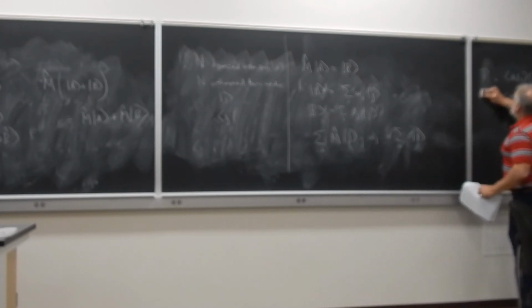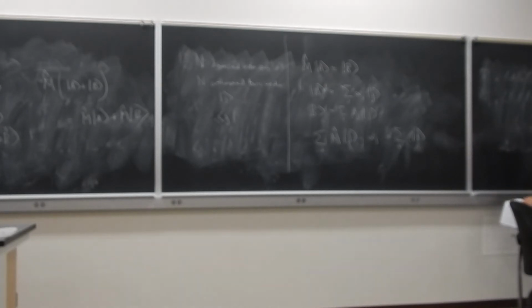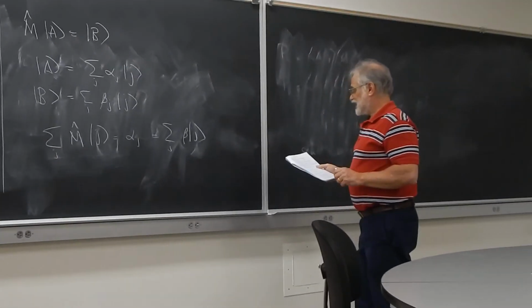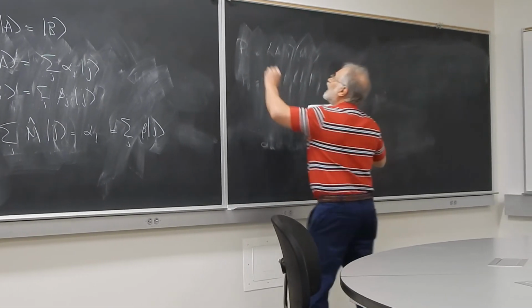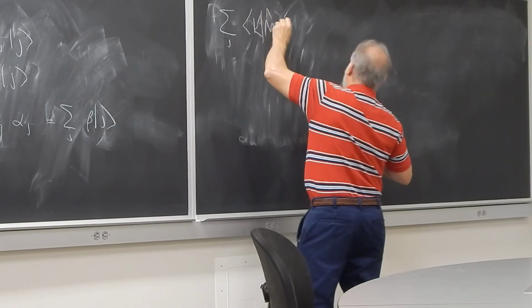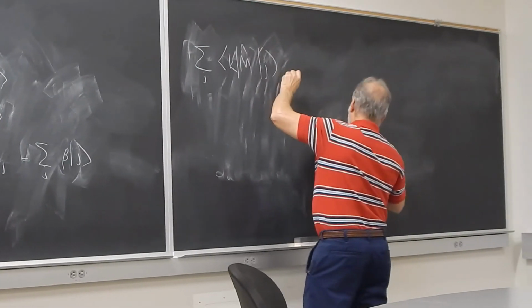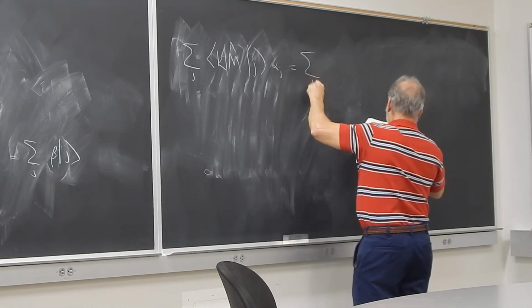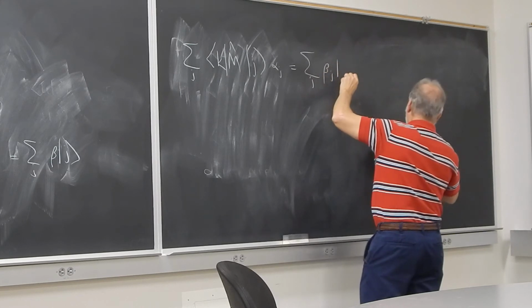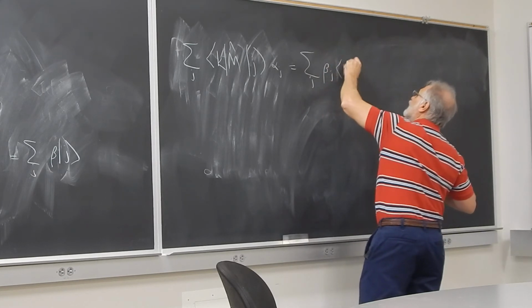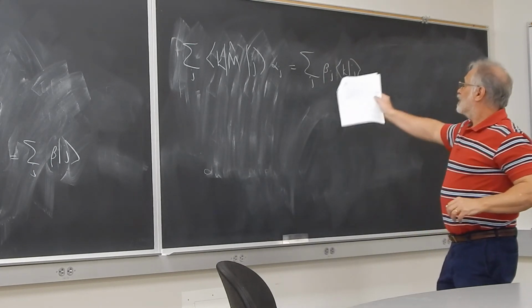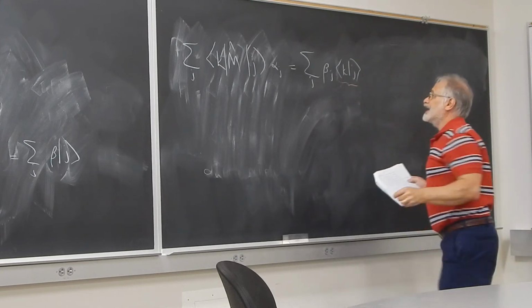An interesting thing happens when I take the component form and multiply both sides with a basis vector k. So I can do the following: sum over J, bra k, M, ket J, alpha sub J. That's going to be equal to sum over J beta sub J, bra k ket J. Now, remember, this term will be 0 unless k is equal to j.